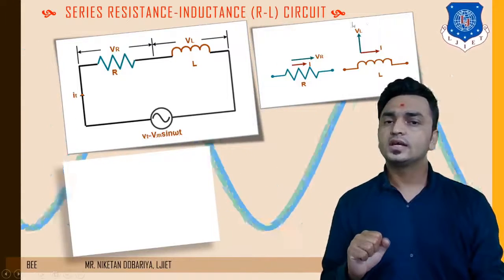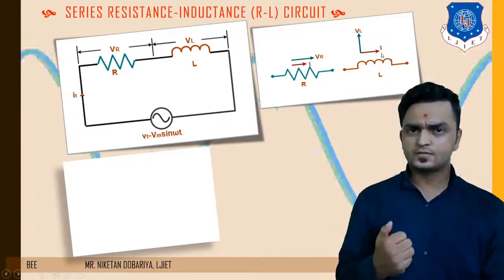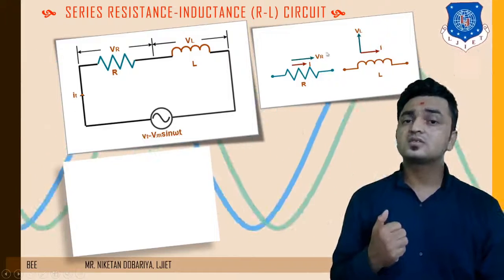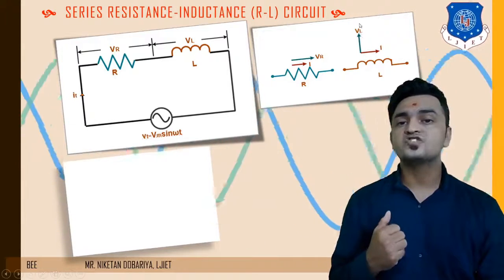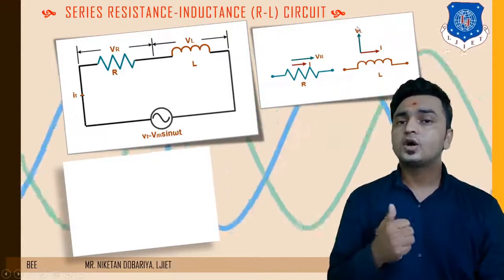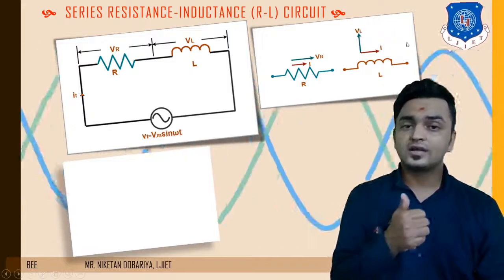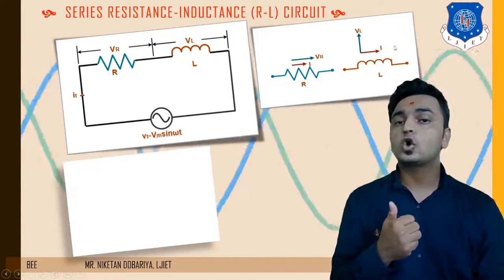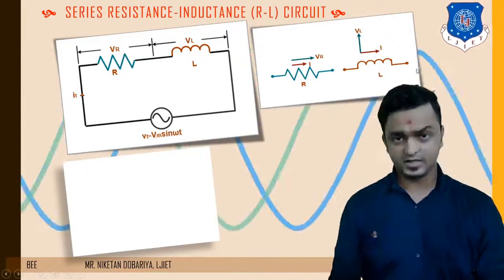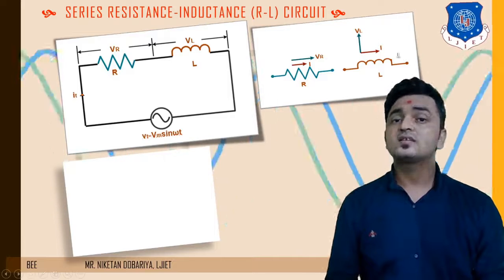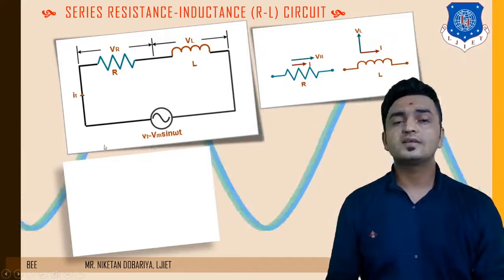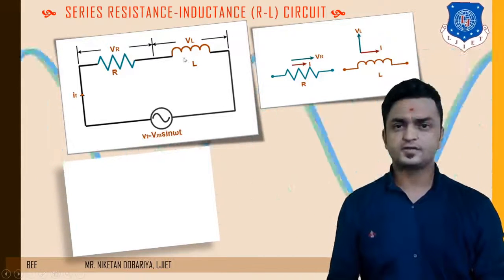In this diagram we can observe that with respect to the voltage VL, the current of that inductor is at 90 degrees lagging, in the clockwise direction. By considering this, we are going to draw a phasor diagram for this given circuit.